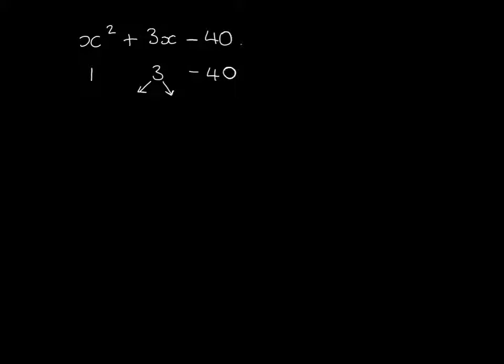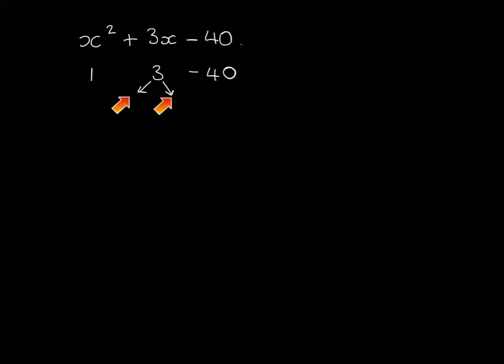I'm going to break the 3 up into 2 bits, but what I want to do is make these numbers together multiply to exactly the same as these numbers. It would have worked in the previous example, exactly the same, but I've got 1 times minus 40, which gives me minus 40.